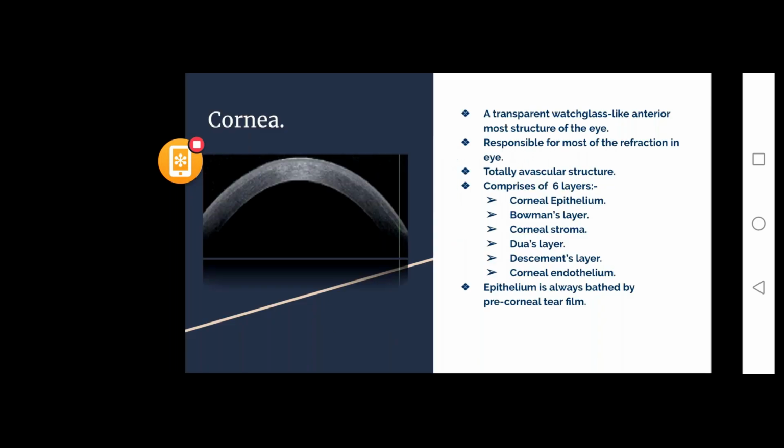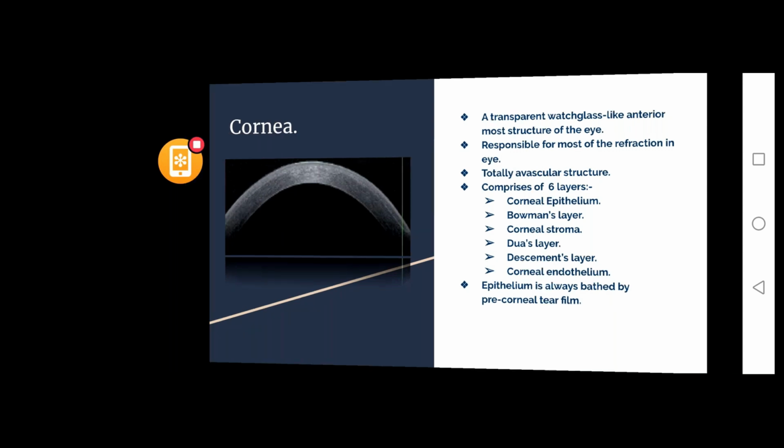So, corneal topography. Basically, we'll be focused on the cornea, definitely. We'll be focusing on two main factors about the cornea. Number one is that the cornea is an aspheric surface, and number two is that it is responsible for most of the refraction occurring in the eye. We won't be getting into much detail about the corneal layers and such.